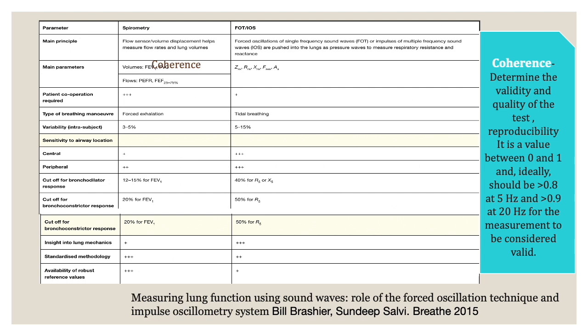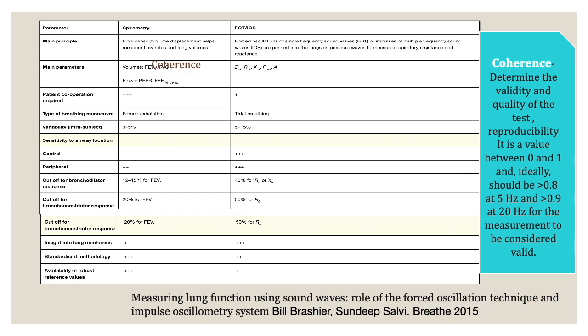In spirometry, we've all been used to measuring FEV1, FVC, the FEF 25-75, the mid expiratory flow, the peak expiratory flow. But in oscillometry, the terminology that we are measuring is impedance or Z, resistance or R, X or reactance, Fres or resonant frequency, and AX, the area under the reactance curve.